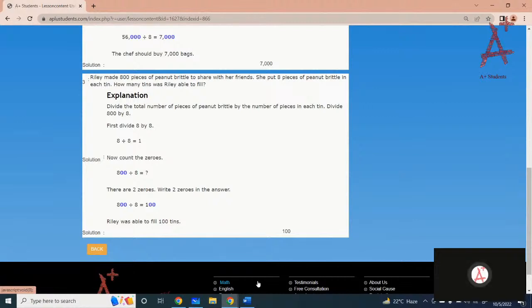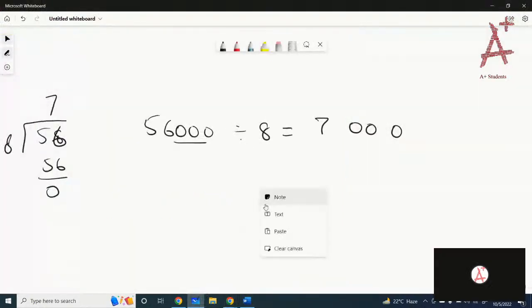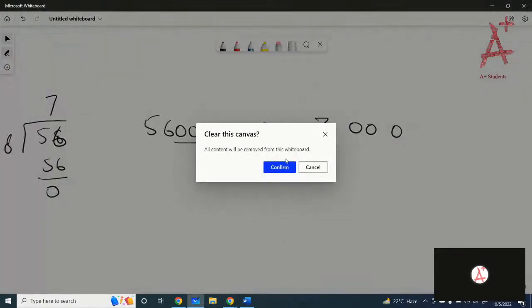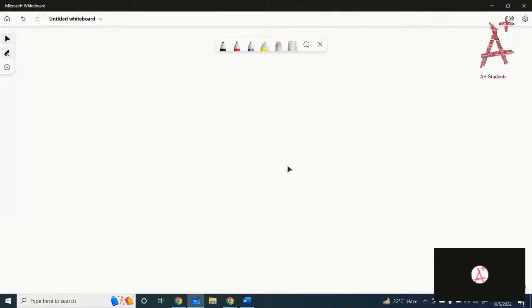Just divide the numbers. 8 by 8 is 1, and you have two zeros over here, and the divisor doesn't have any zero. That means you have to write the two zeros as it is. It would be 100. Got it?